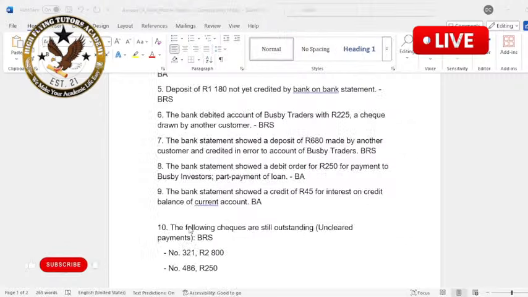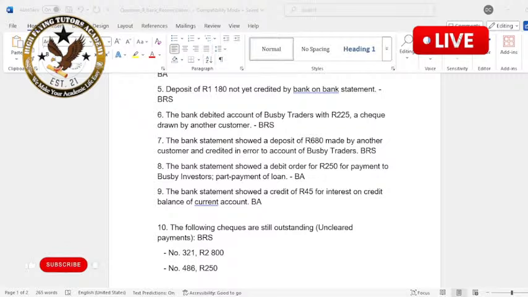All right, let me read the question again. They say the bank statement showed a credit of 45 rand for interest on credit balance of current account. So I repeat, interest on credit balance, it means these are interest received, these are interest income. So they are saying they are recorded. Basically, that's what they mean when they say they are shown. They are recorded in the bank statement, meaning the bank has sorted out their stuff.